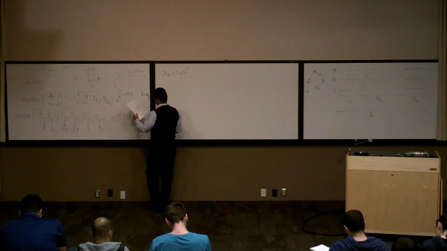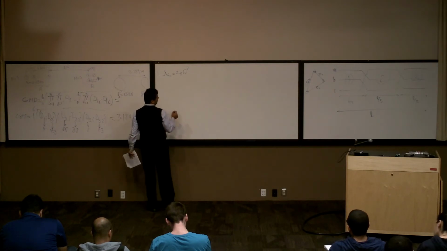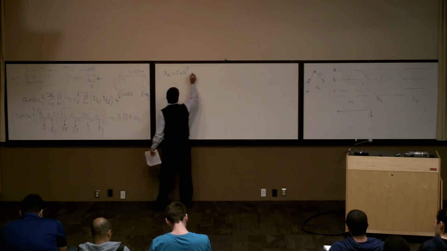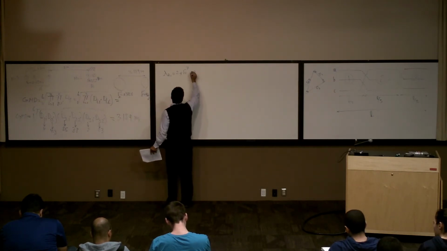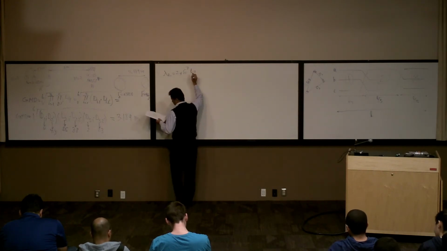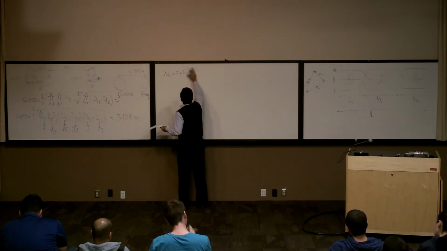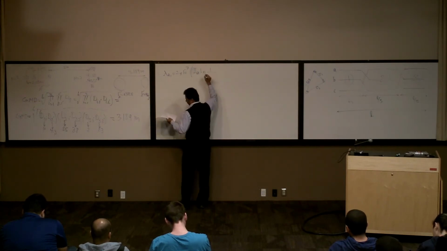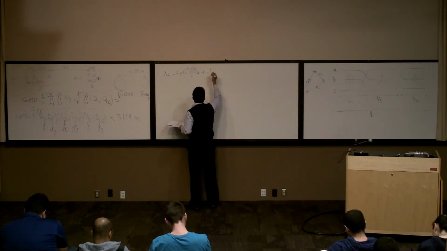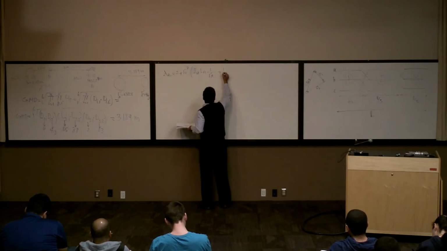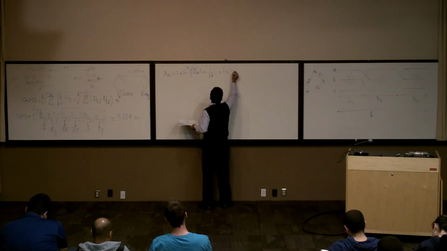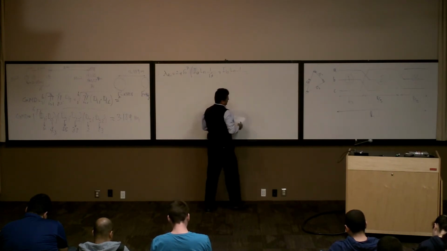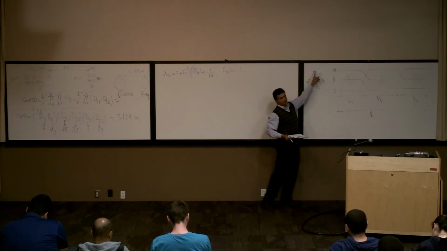It's going to be 2 times 10 to the minus 7 times IA ln of 1 over r prime A, plus IB ln of 1 over, this is a B, it's going to be D1, A to B, right?